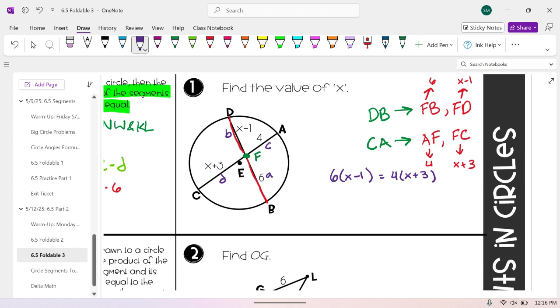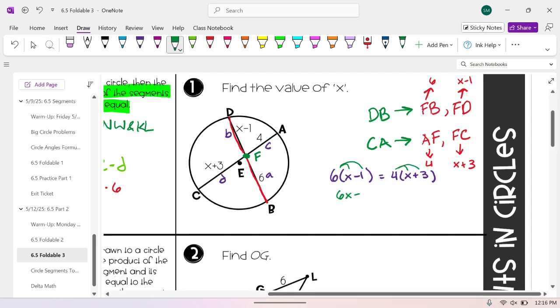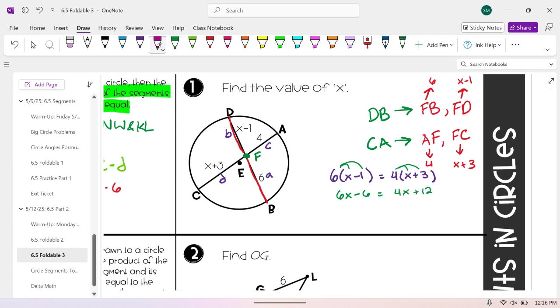So that is how we would set it up. All we do is multiply those two segment lengths together on each side of the equal sign. Remember, they have to be a part of the same chord for you to multiply them together. And then we can just solve. So we distribute on both sides. 6x minus 6 is equal to 4x plus 12. Subtract the variable to the other side.